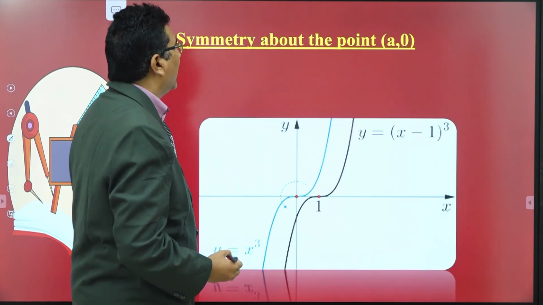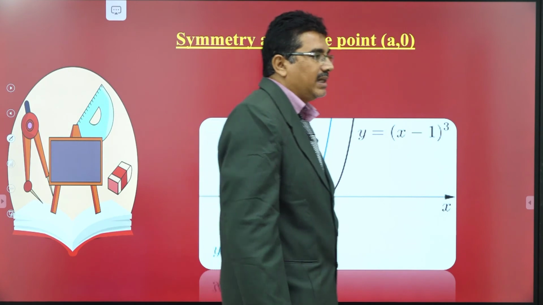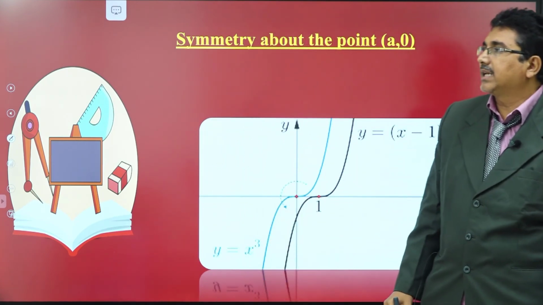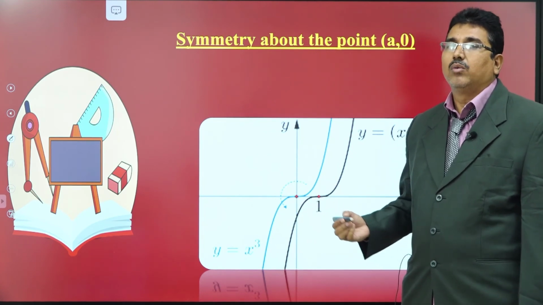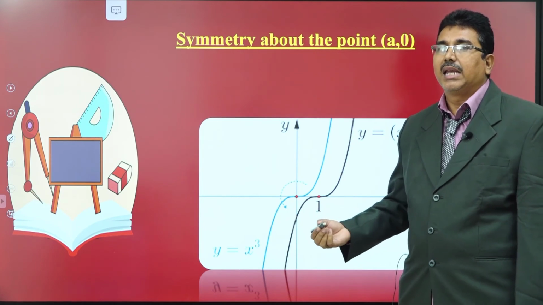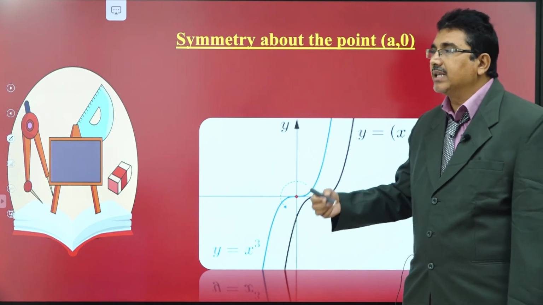Now, symmetry about the point (a, 0). When discussing odd functions, we said that the graph is symmetric about the origin.